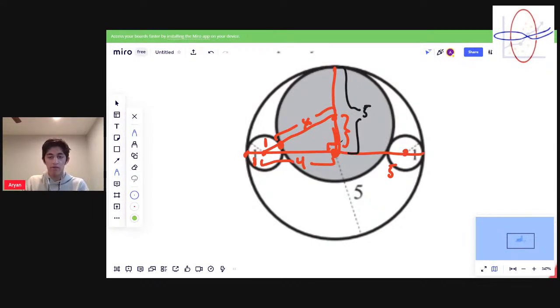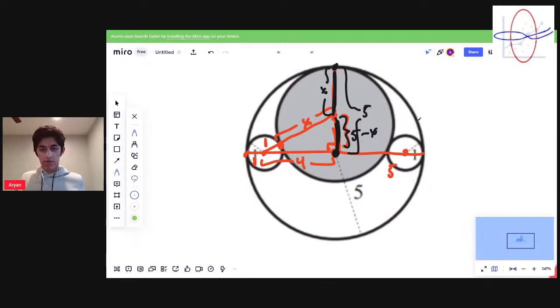So 5 represents from this black dot up to the top. And then we also know that this right here is x, because we're calling x the radius of our shaded circle. So this right here is 5 minus x, because we want this line plus this line to equal 5.